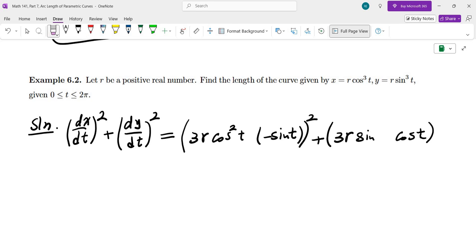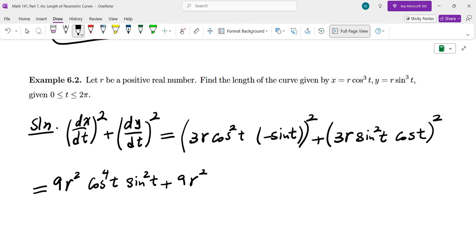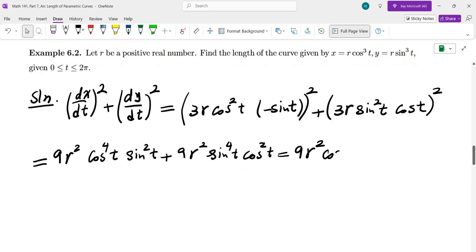Next is some algebraic manipulation and simplifying this. So we get 9r squared cosine to the 4th sine squared plus 9r squared sine to the 4th cosine squared. So we notice the 9r squared cosine squared and sine squared can be factored.